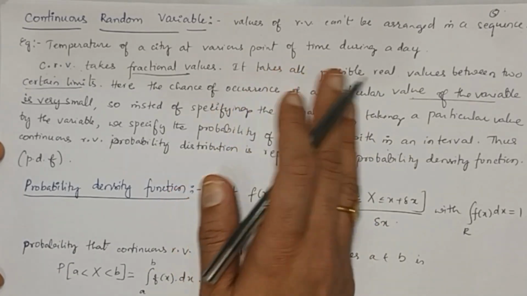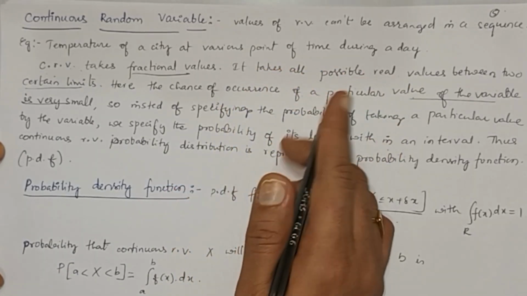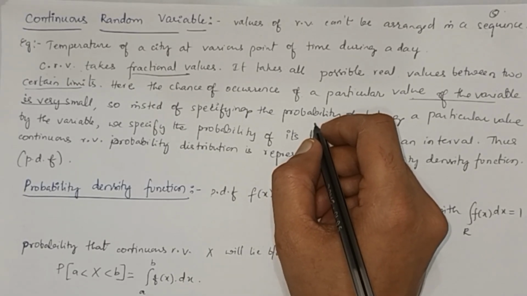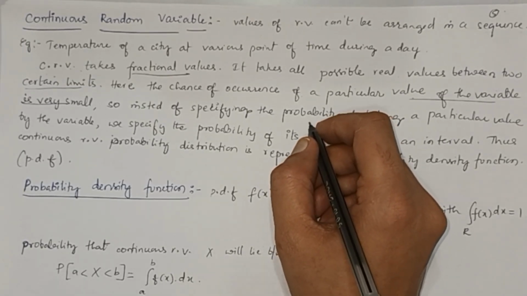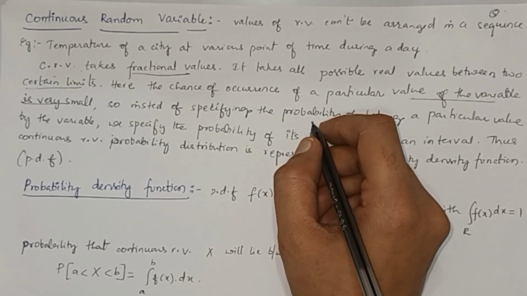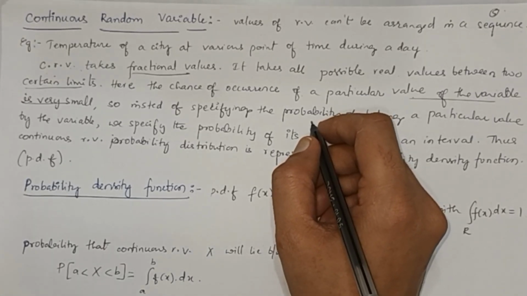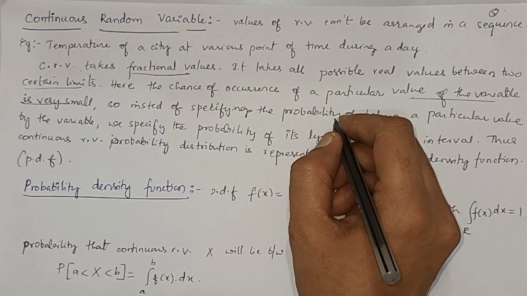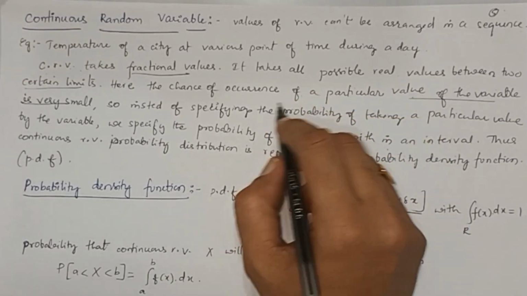If you want to find the probability of a person having 4.8 feet or 4.6 feet or 5.3 feet, it will be very very small, because there are infinite values in a range.